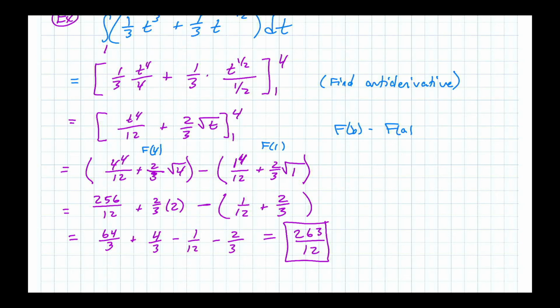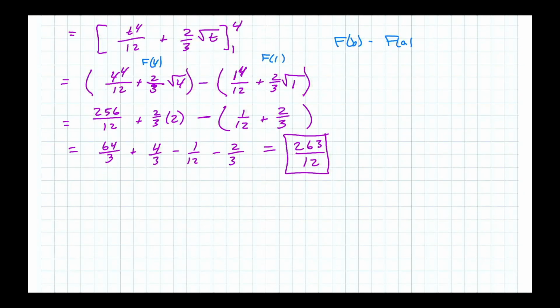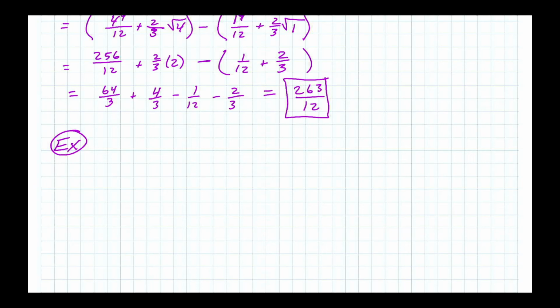Okay, let's do another one. Something I think they didn't give you a lot, I wish they had, was problems with trig functions. So something like this, we should be able to do. Let's say an integral from 0 to pi over 4.